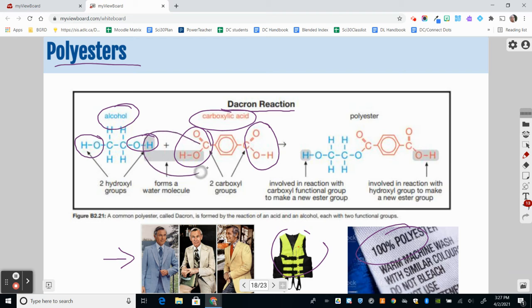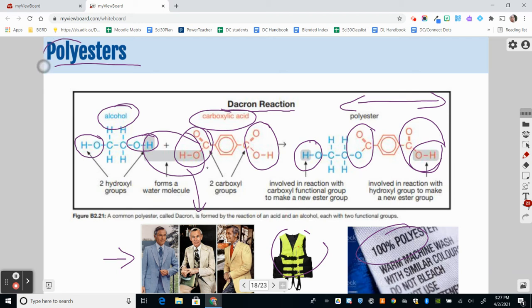So you form an ester bond here, create water, you get your ester, and now you can still do the whole reaction again because you still have a carboxylic group here and an alcohol group here. So you create these huge long chains, and that's why they're called poly, which is many ester bonds. Polyester, many ester bonds.